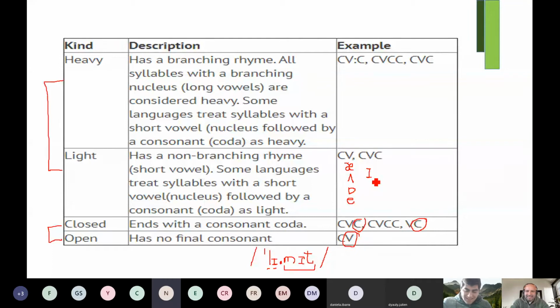So these are short vowel sounds. If you find a syllable containing a short vowel sound as the nucleus, that syllable is going to be called a light syllable.